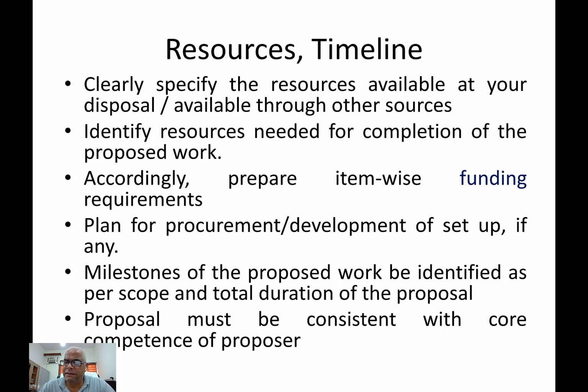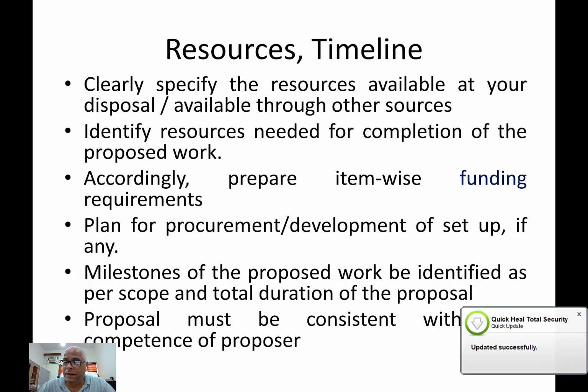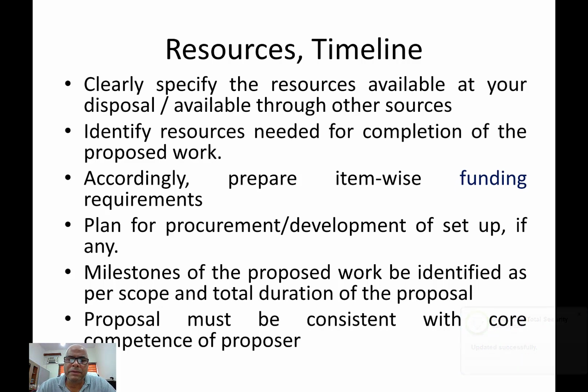Then what funding will be needed for attending the conferences, arranging the literature, what will the funding be needed for arranging the consumables for completion of the work, what will be the requirement for the contingency, etc. All that is compiled item wise.